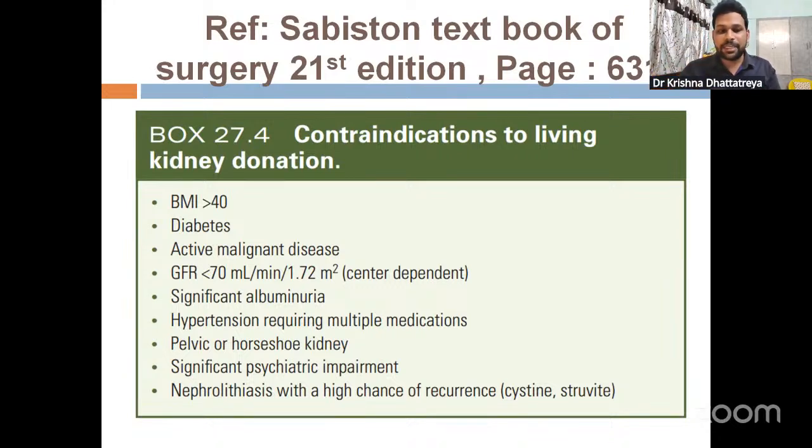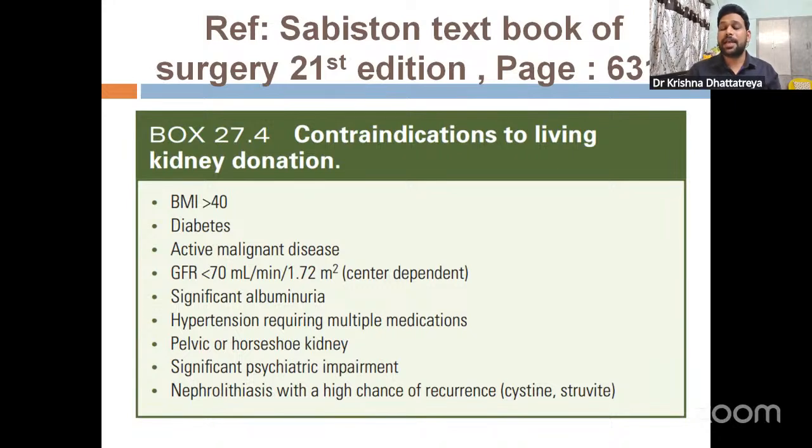If there is significant psychiatric impairment, then that patient is also not eligible for kidney donation. Then there is nephrolithiasis with a high chance of recurrence. Suppose there is a single stone in the donor kidney, but the patient is metabolically without any complications, in that patient you can go for donor nephrectomy.